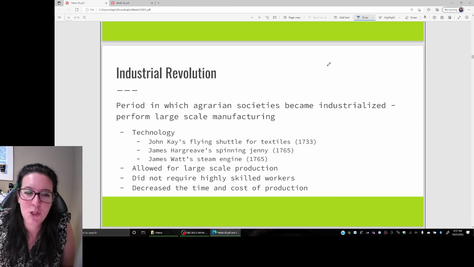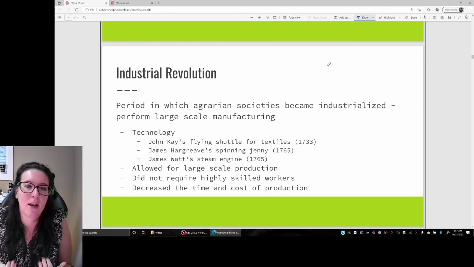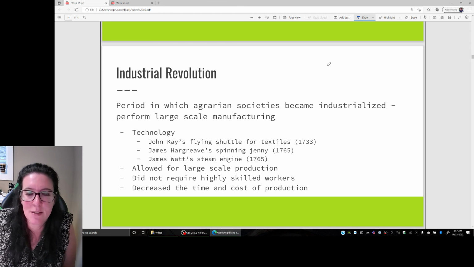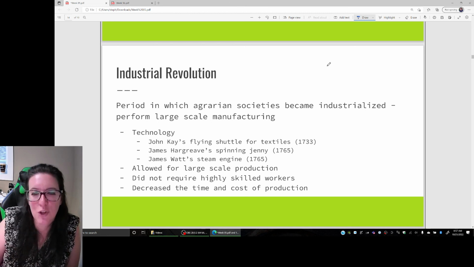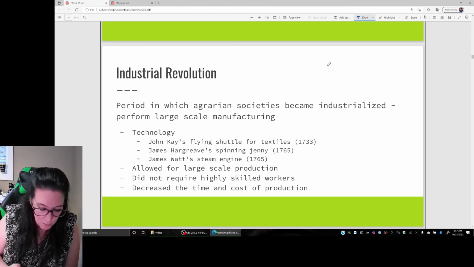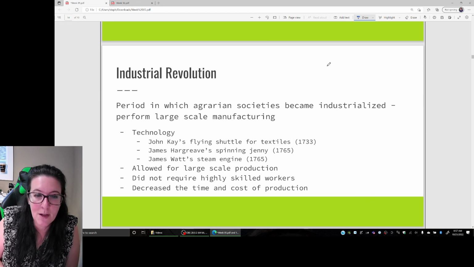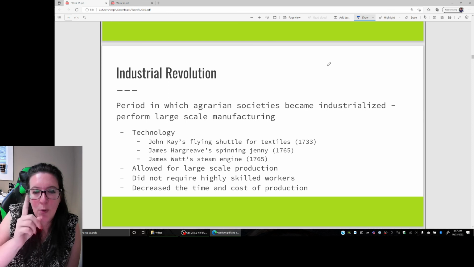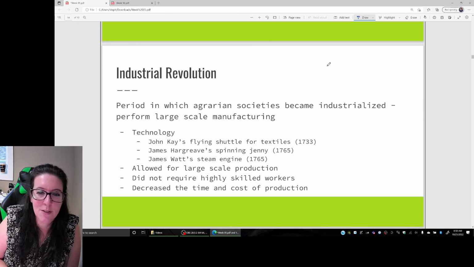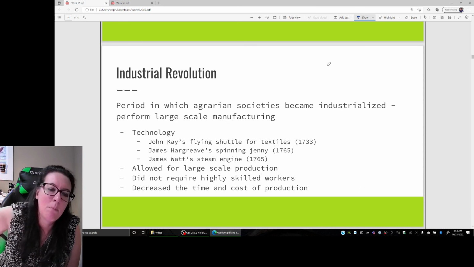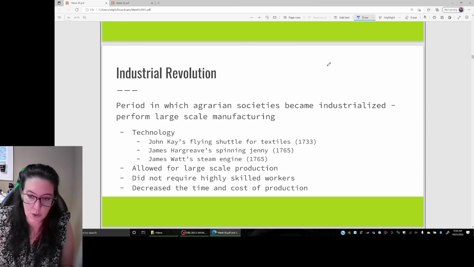We're using machines and equipment, so we see technology like the spinning jenny, flying shuttle, and steam engines. These are allowing for much larger scale production, and we're moving to a process where we have more divisions of labor. So each person does one role, which means we no longer require highly skilled workers, and we can reduce the time it takes to make something and make that per unit cost go down.